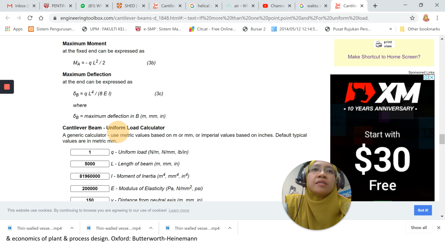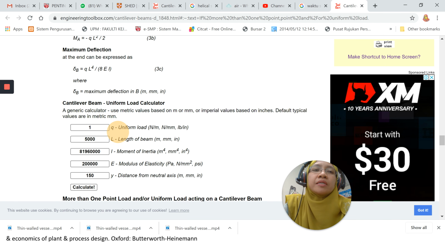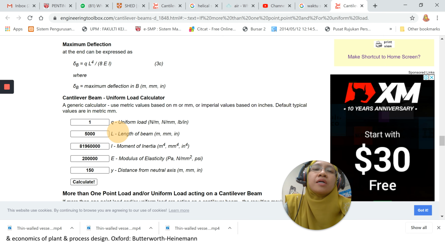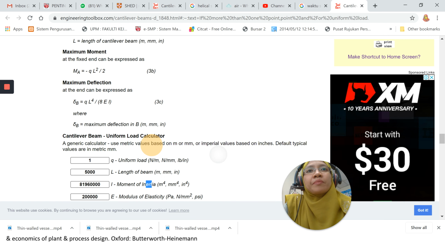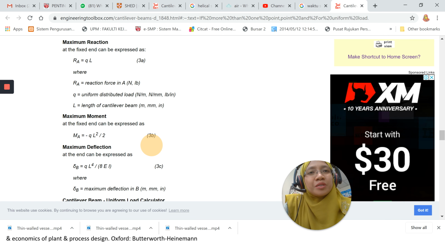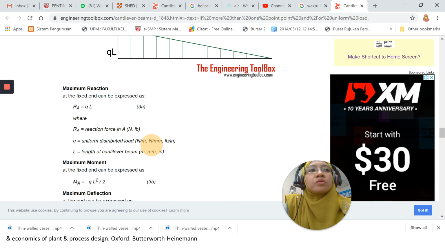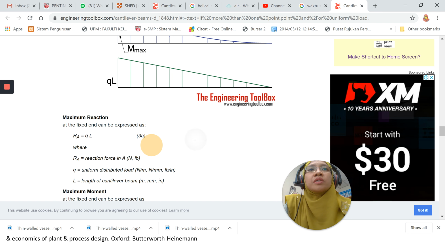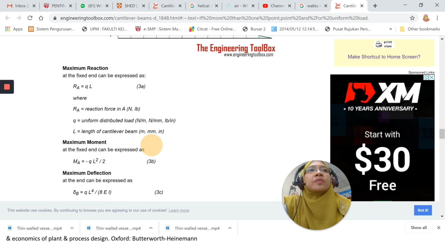The equation has been embedded in the calculator, where you can simply put in your parameters or variables and click calculate. But of course you must know the equation for your project design, to enhance your understanding and ensure that you really understand how this equation works.